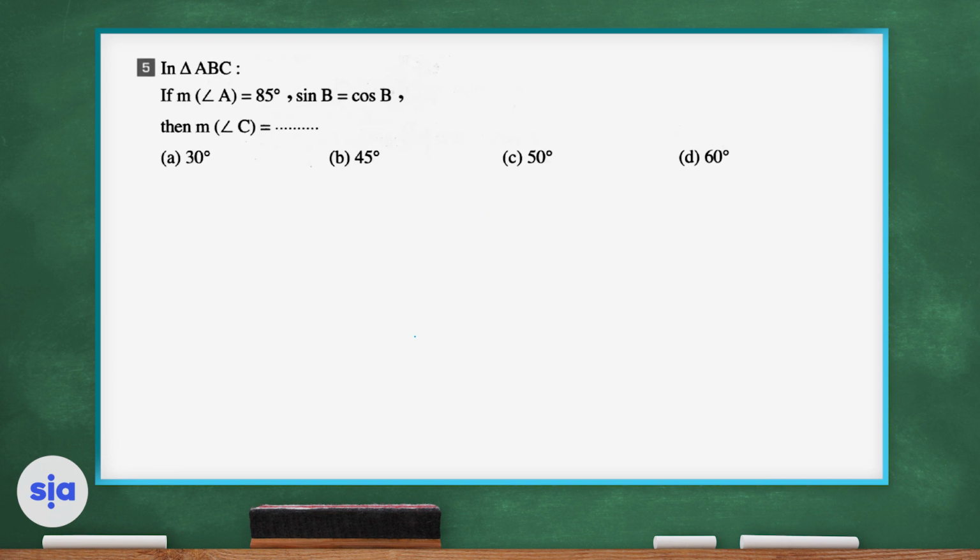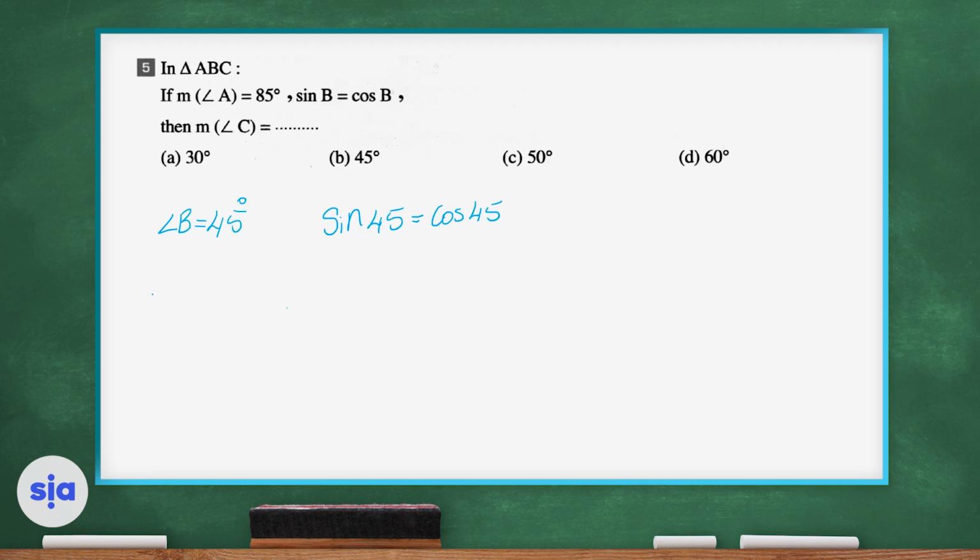Question 5, in triangle ABC, if the measure of angle A is 85 and sine B equals cosine B, how can we find the measure of angle C? Since sine B is equal to cosine B, then automatically angle B equals 45 degrees, because sine 45 is equal to cosine 45.